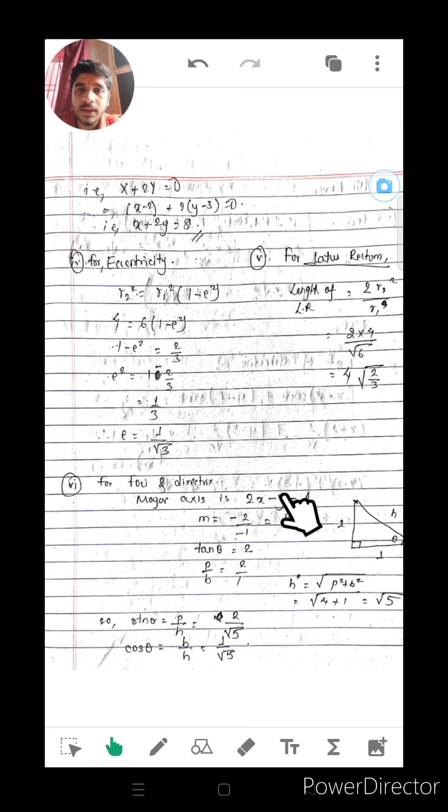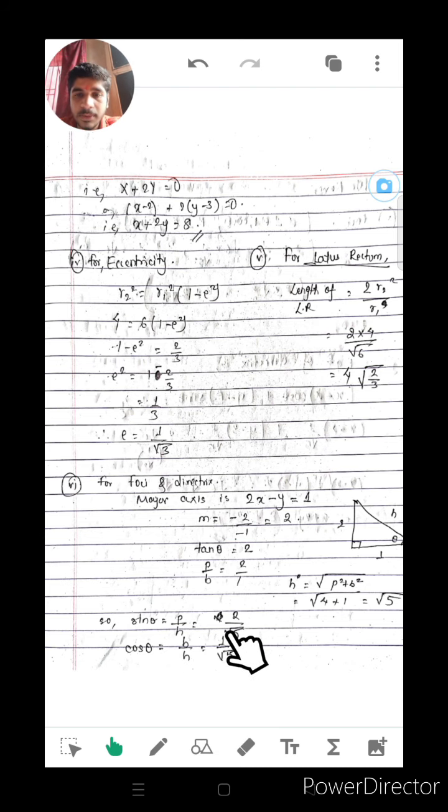For foci and directrix, the major axis is 2x minus y equals 1. We have to use the major axis, find the slope and use tan theta, which gives p by b, and using the Pythagoras theorem we get h as root 5.